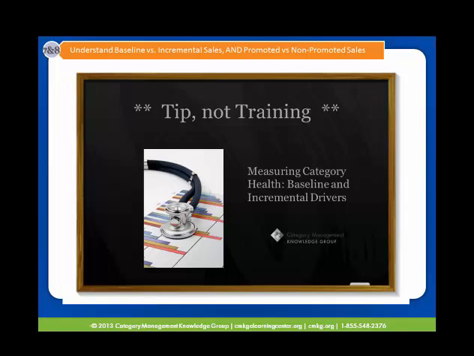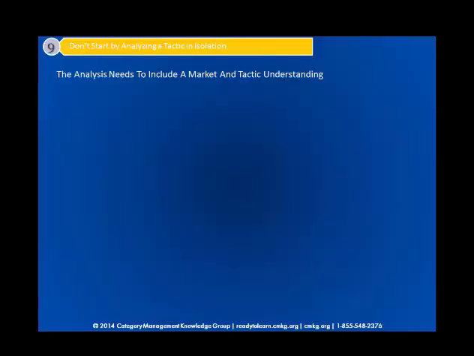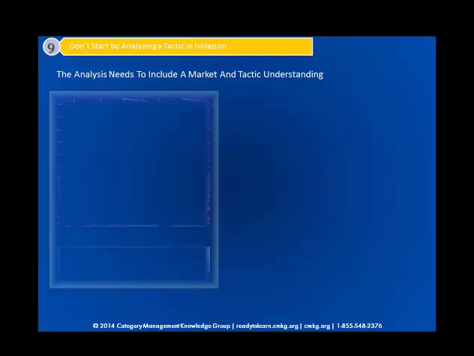But again, I digress. So moving on to tip number 9. And I apologize if I'm talking too fast, but like I said, I wanted to cram in as many tips for you guys today as I could. Number 9 is to not start analyzing a tactic in isolation.